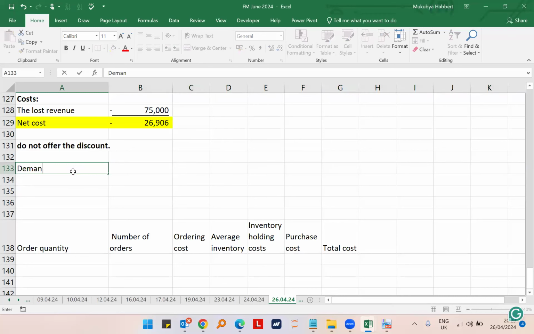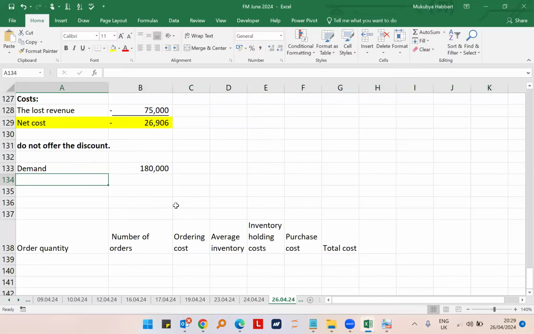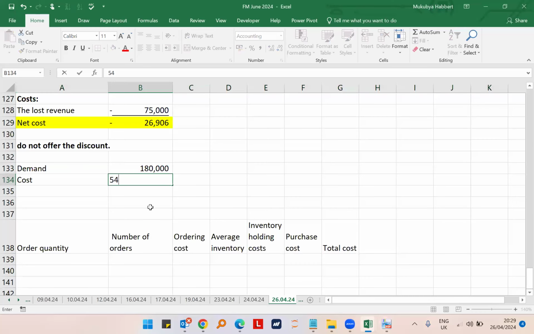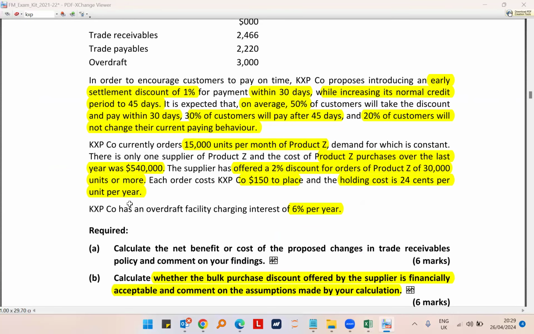So the demand is 15,000 units times 12. Okay, it's 180,000 units. Then purchases 540,000. So the cost, 540,000. So this is the purchase cost.